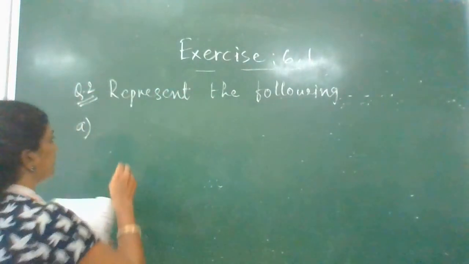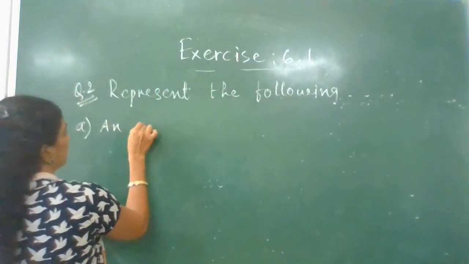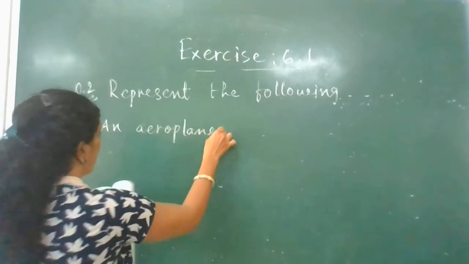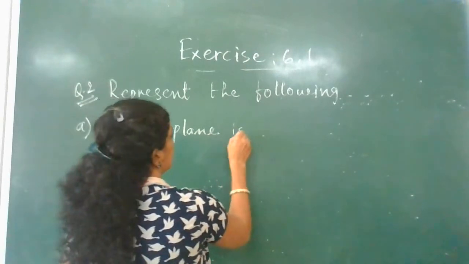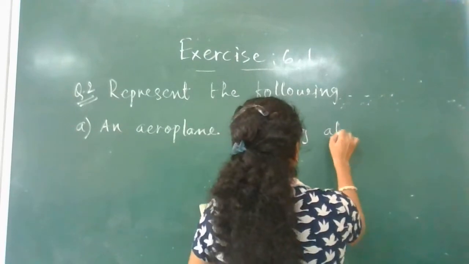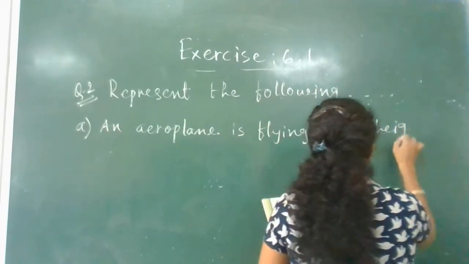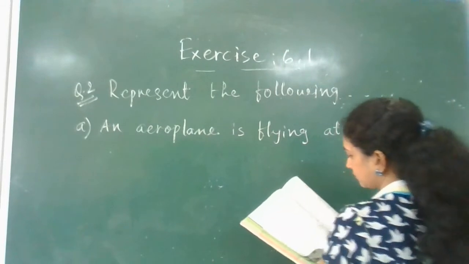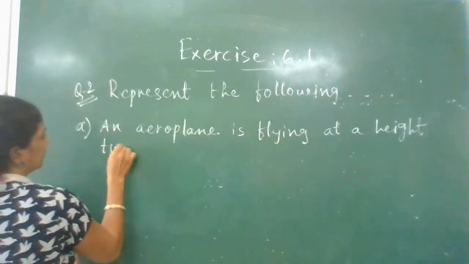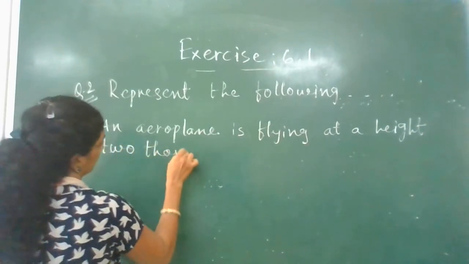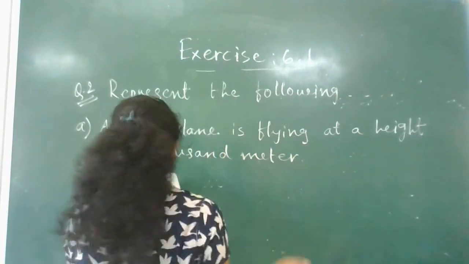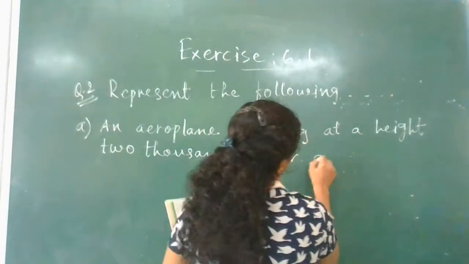Okay, so the question is an aeroplane is flying at a height 2000 meters above the ground.